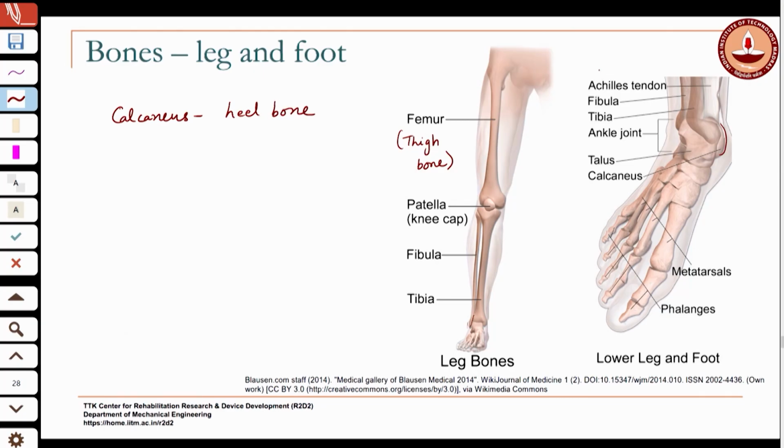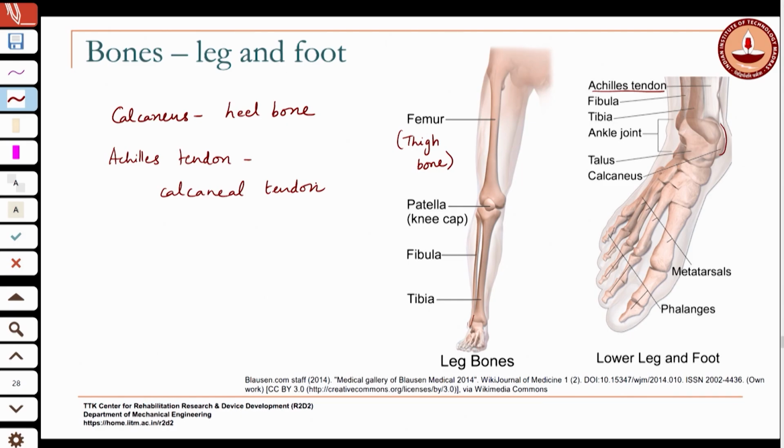Many of you may be familiar with the Achilles tendon. That is the tendon that connects the calf muscles to the calcaneus, or heel bone. The technical name for the Achilles tendon is the calcaneal tendon, because that is the bone to which it attaches.